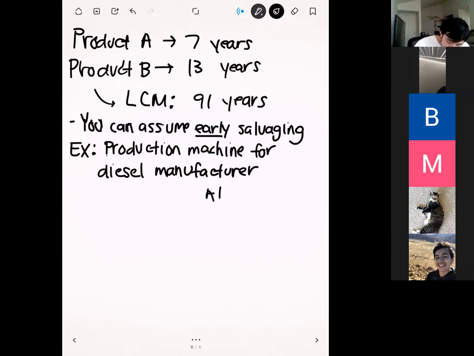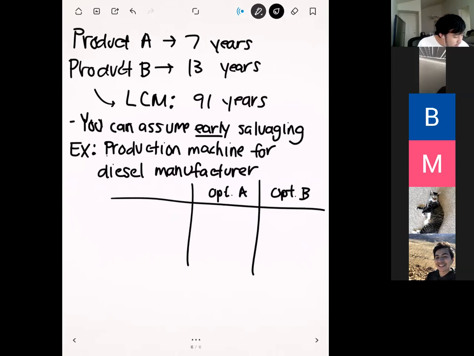We have option A, and we have option B. Each of these will have an initial cost. They'll also have a salvage. And the important thing with this salvage is that this is the end of life salvage. So if you use it for the entire life, this is what they're going to be.